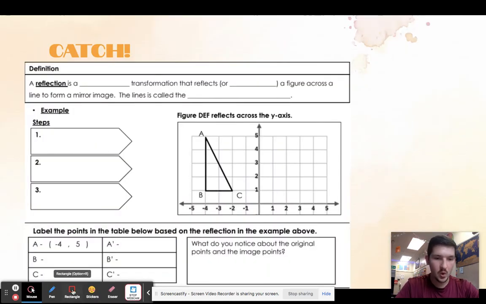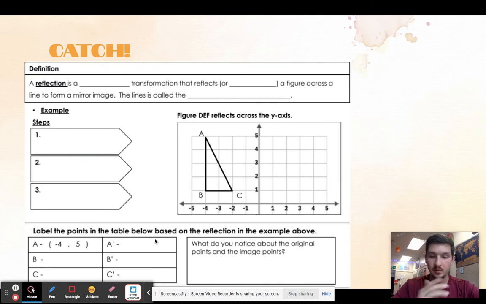Some notes I would like to go over here. If you want to write these down in your notes, you are more than welcome to. A reflection is a rigid transformation that reflects or flips a figure across a line to form a mirrored image. This line is called the line of reflection.